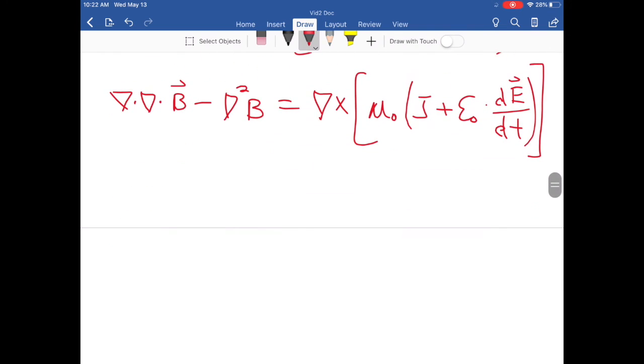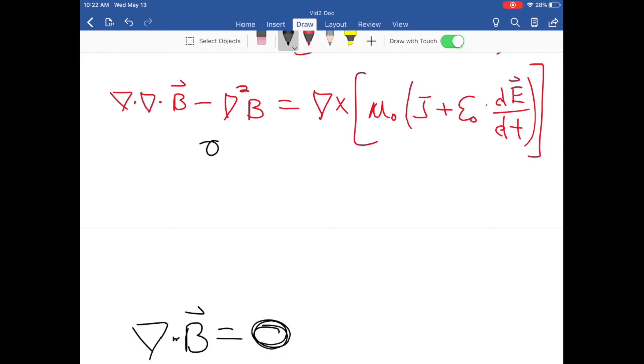Now from here, instead of subbing in Gauss's law of electricity as we were able to do before, we now have a different Maxwell equation equivalence shown here, where the del dot B is equal to 0. Therefore, this entire term will go to 0, and we are then left with the following.